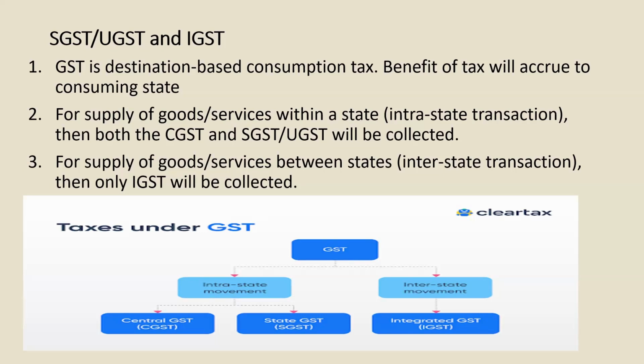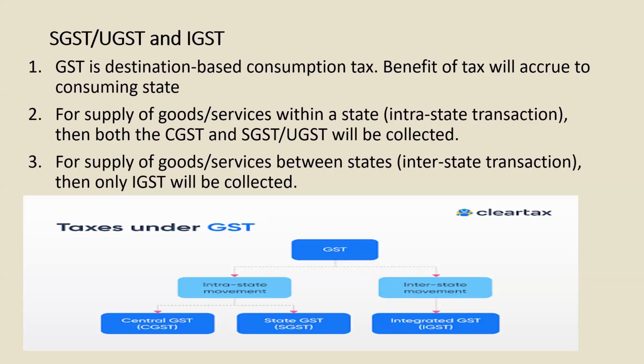That is what is called the destination. So wherever the destination ends is where that particular state or central government, as the case may be, or the union territory, as the case may be, will be entitled to the benefit of that tax.